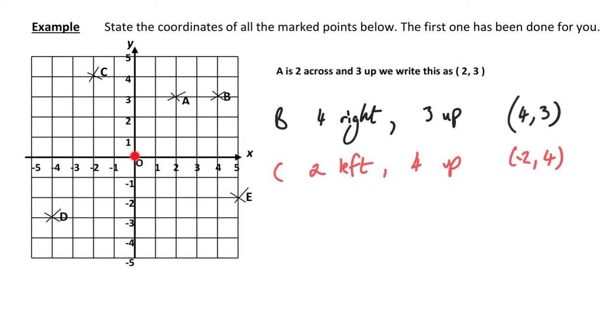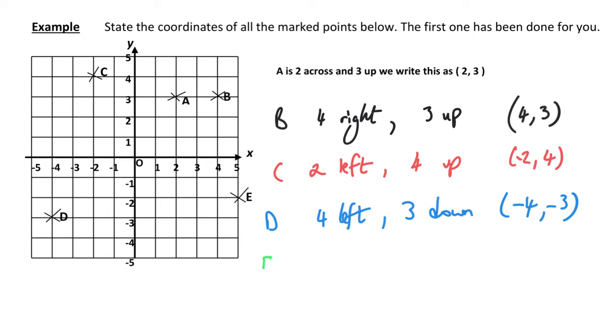To get to the point D, we go left 4 and down 3. And again, the 4 left goes to a minus number, and also the 3 down, if we look at the y value, is also a -3. So it's going to be (-4, -3).